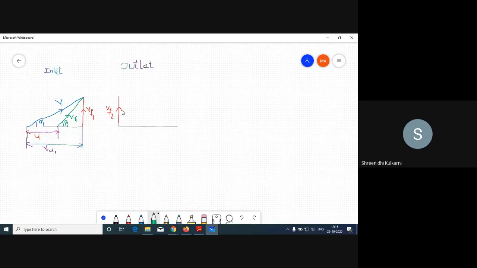Next, green color, whatever this is, VR2, and this angle is beta 2.